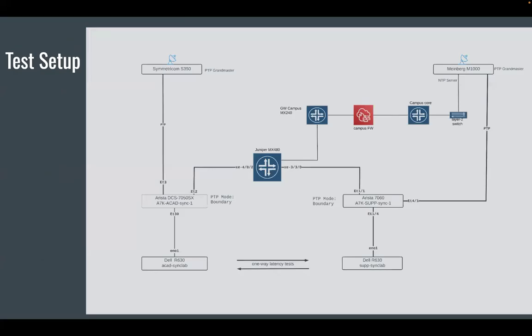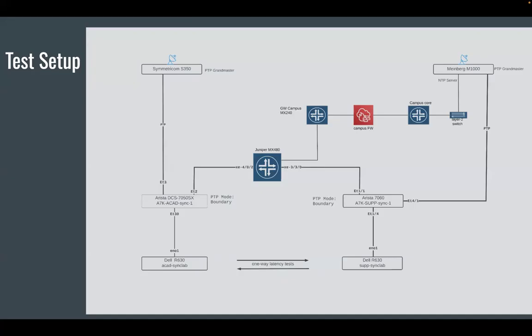So this is a diagram of the topology I was using for the testing I was running. At the bottom, I've got a pair of Dell R630s running perfSONAR and running one-way latency tests between them. The fiber distance between the nodes is approximately 1 kilometer.